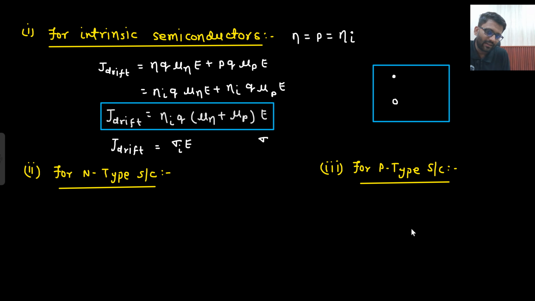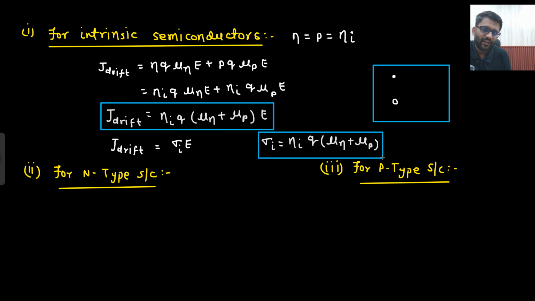So sigma i, the conductivity of intrinsic semiconductor, how will you remember? Sigma is equal to N Q mu. Here charge carriers are electrons and holes. So sigma i equals Ni Q (mu N plus mu P). Since both of the currents are in the same direction, both will be added. So this will be the conductivity of intrinsic semiconductor.